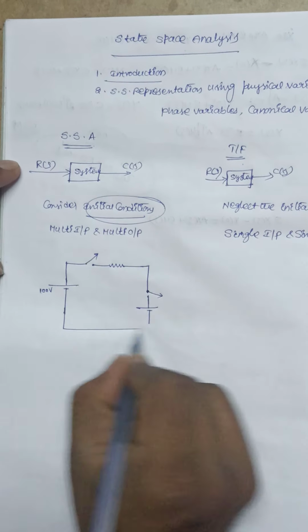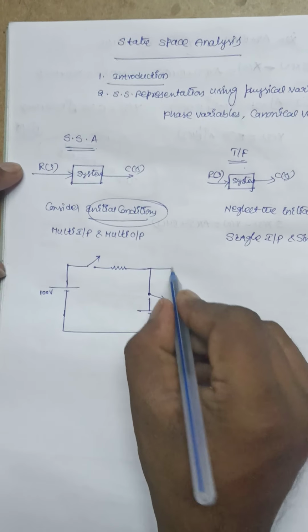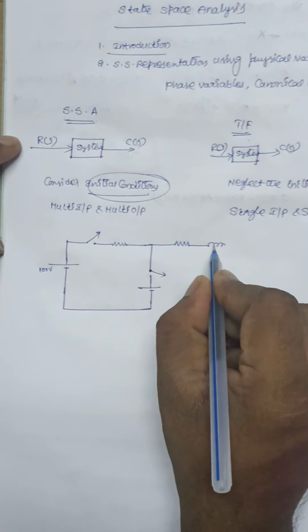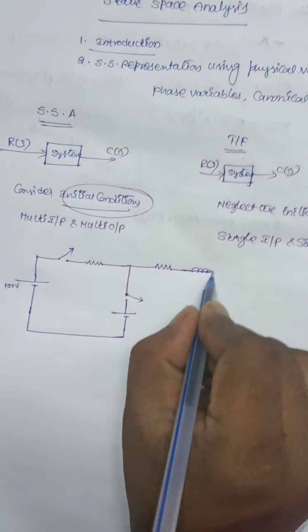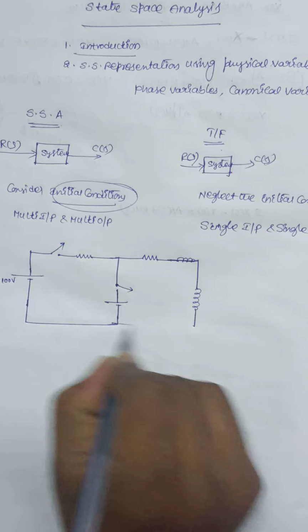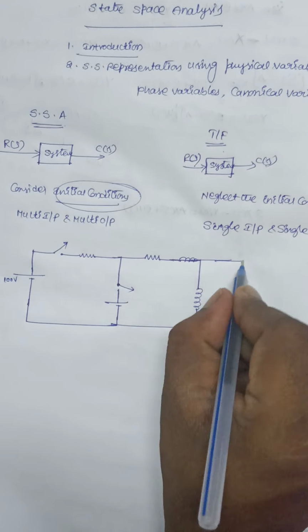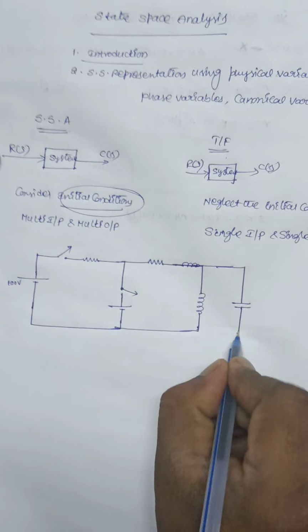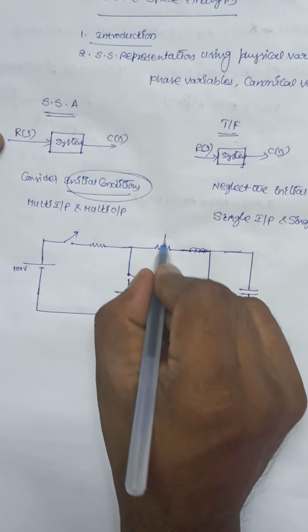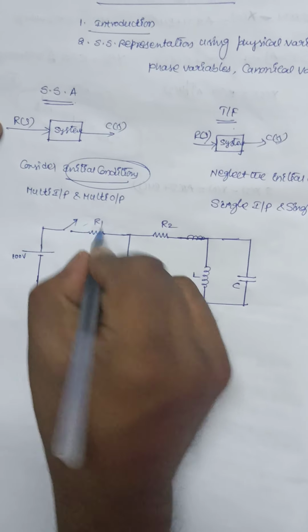Here there is a resistance, an inductance, and a capacitance. There is resistance 1 and resistance 2.